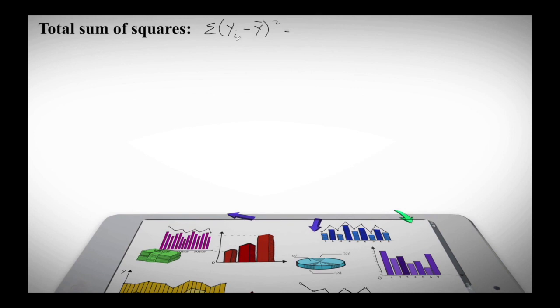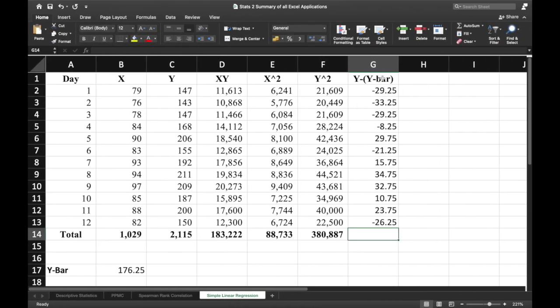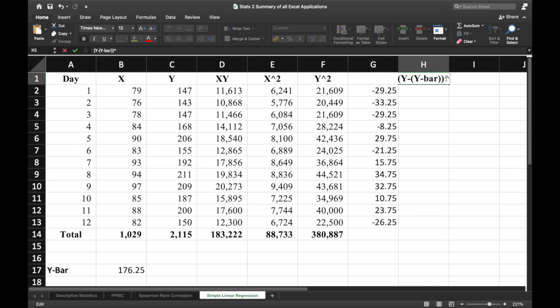Ang ginagawa pa lang po natin so far is y sub I minus y bar. So, we need to have it squared muna bago yung summation. Meaning to say, kopyahin po natin ito, then erase natin ito sa square. Okay, erase natin ito. So, ito, times by itself.